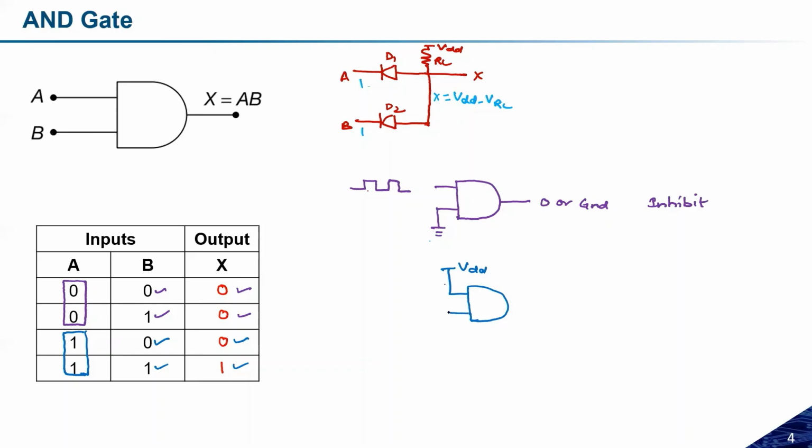Whatever the input change is, I will get the same kind of output. So this is the buffer circuit, and this VDD will act as an enable. VDD will enable this logic to work as a buffer. Okay, so this is how we can discuss the AND gate.